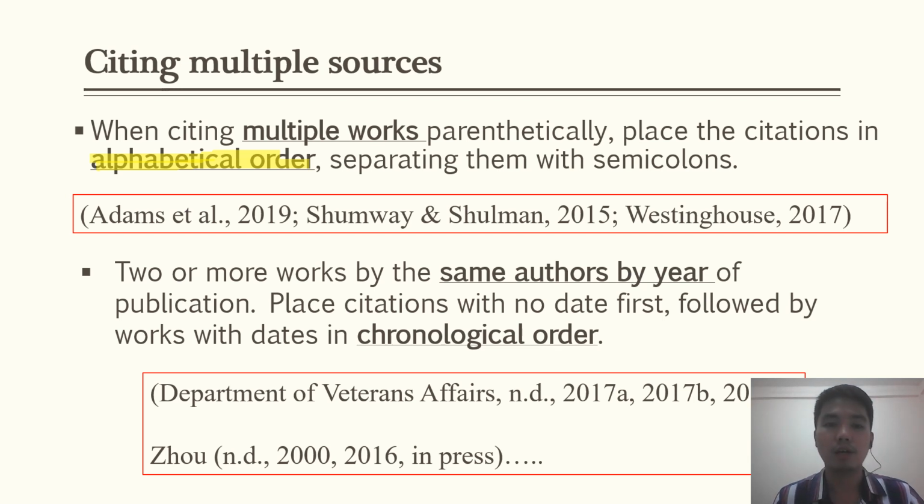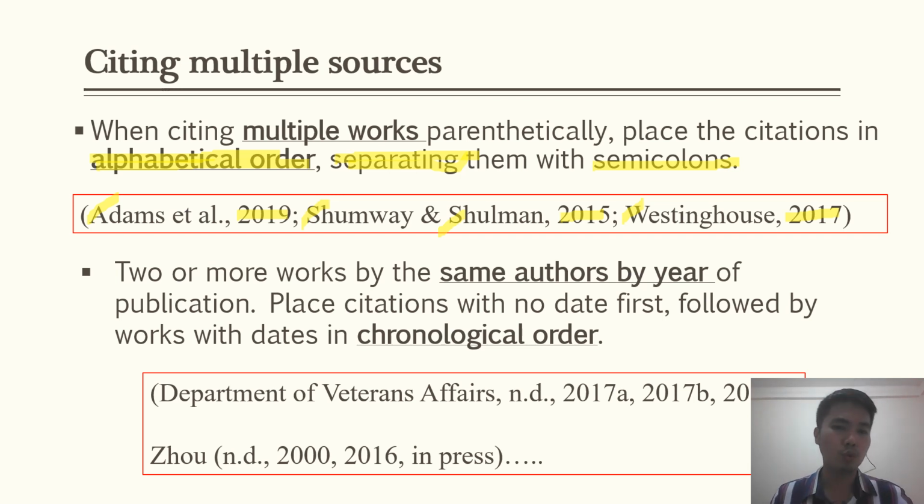Okay, but take note that we also need to separate them using a semicolon. So example, Adams et al. 2019, Shamway and Scholman 2015, and Westinghouse 2017. Okay, so they are arranged based on the alphabetical order, at hindi po siya based on the year published. Nakuha? So take note, should base on the alphabetical order.